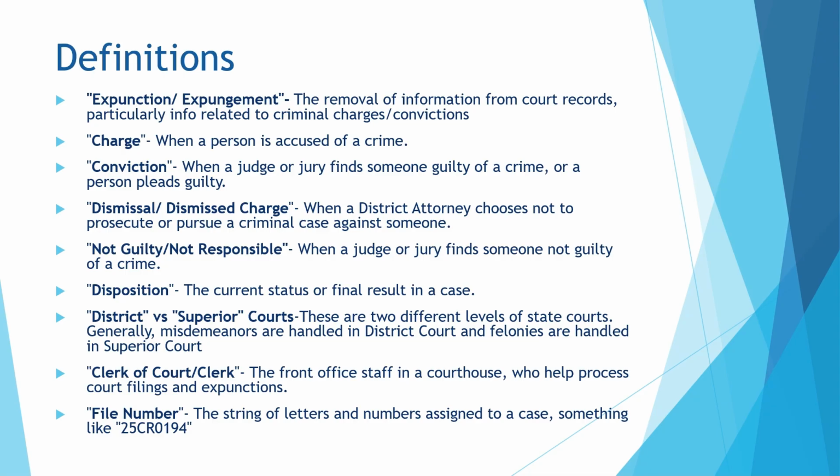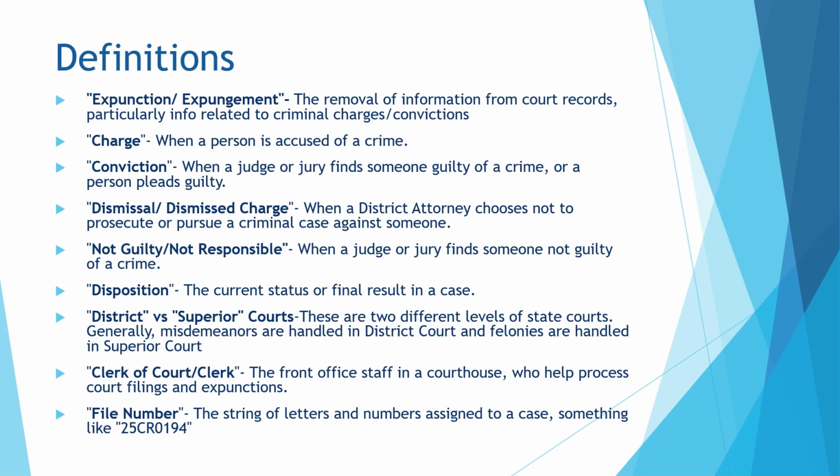And then the last thing I want to talk about is file number. Every legal issue in North Carolina, a civil case, a criminal charge, they all get assigned this case number. It looks something like this: 25. So the first two digits, the 25, is the year it was filed.